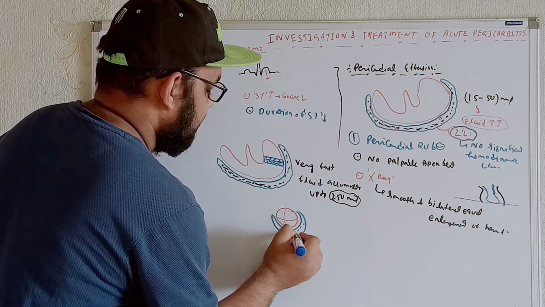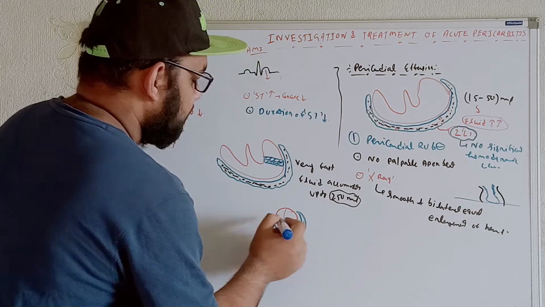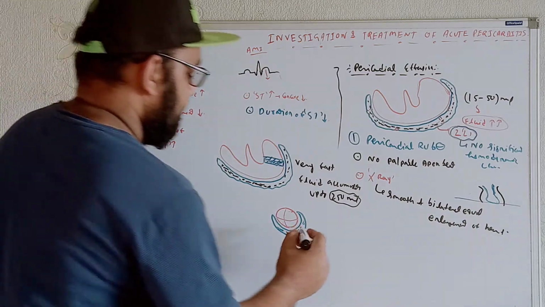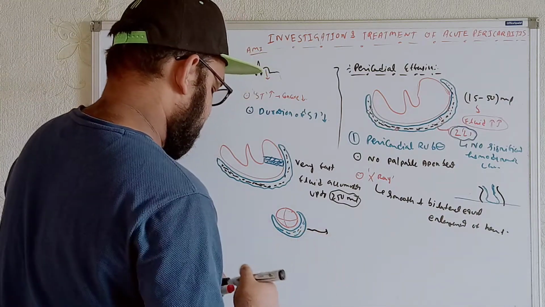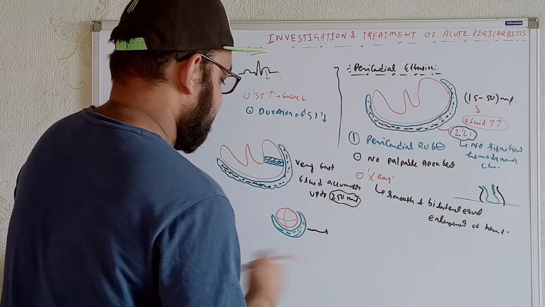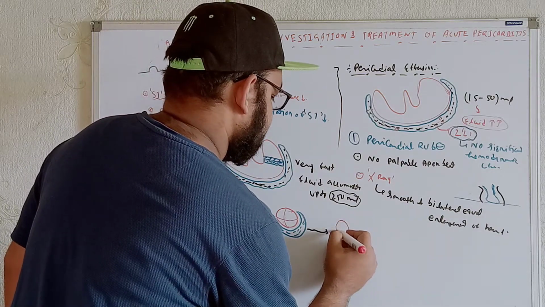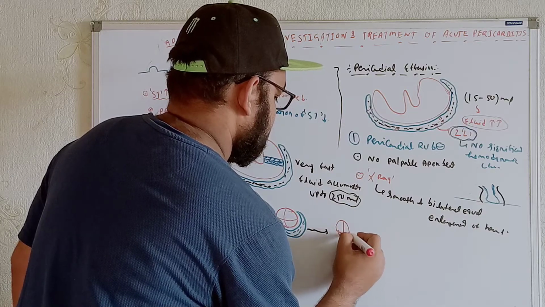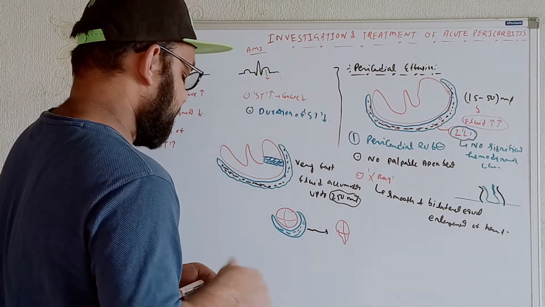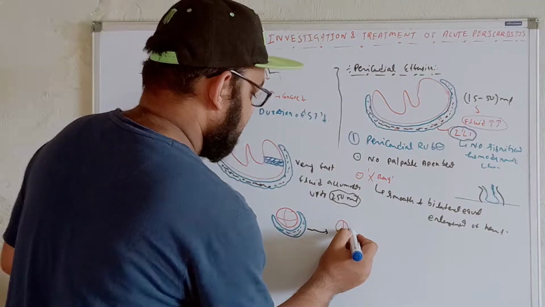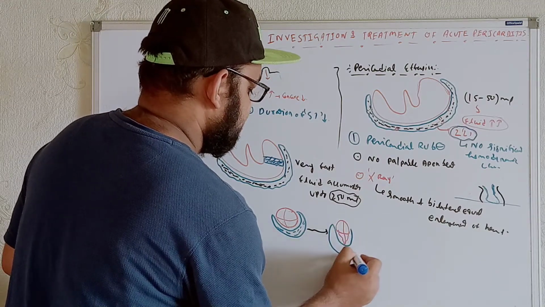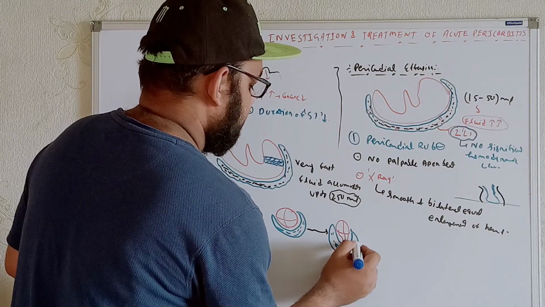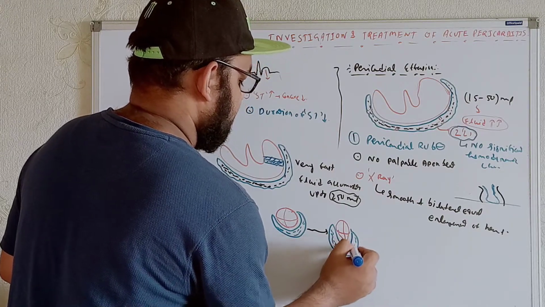Whenever the pericardium compresses the heart because of the accumulation of fluid, we will get the compressed heart in this way, this type of figure of the heart.